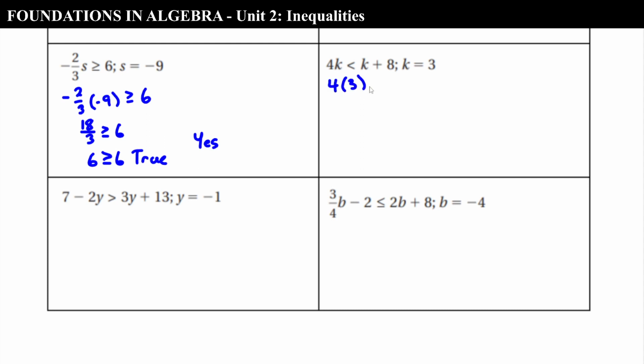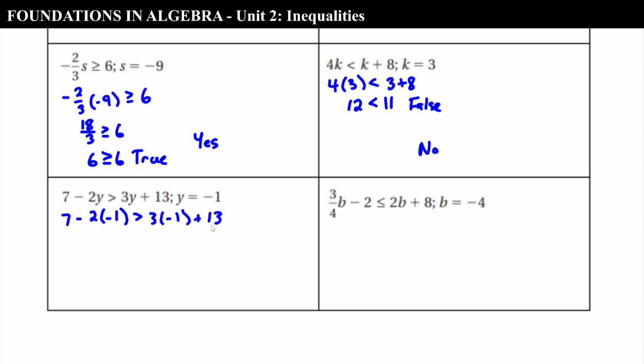For this one, 4 times 3 is less than 3 plus 8. Well, 12 is what we get on this side. 8 plus 3, that's going to give us 11. 11 is not greater than 12, or 12 is not less than 11, so this is false, which means it is not part of the solution set. For the next one, we have 7 minus 2 times negative 1 is greater than 3 times negative 1 plus 13.